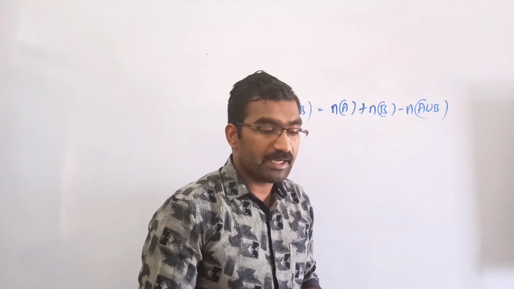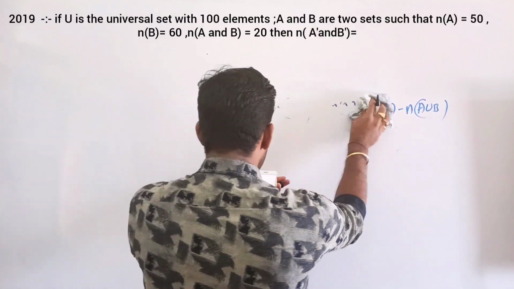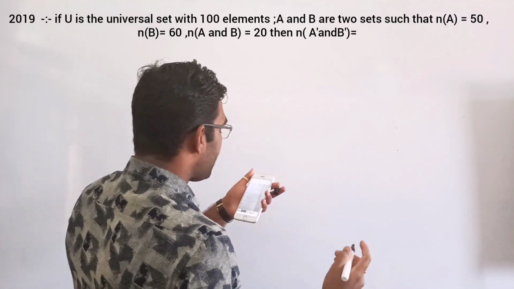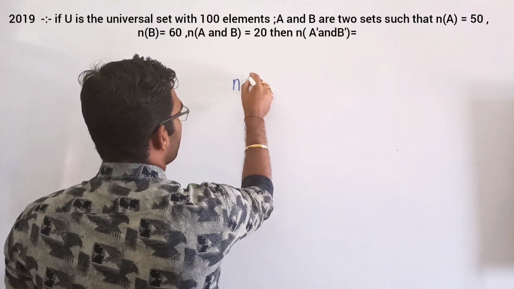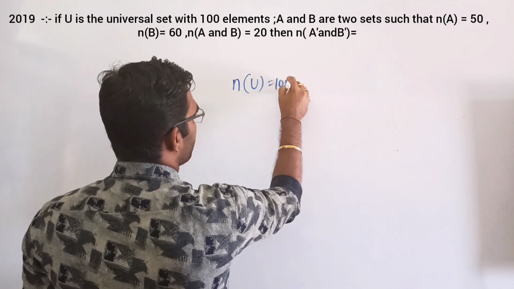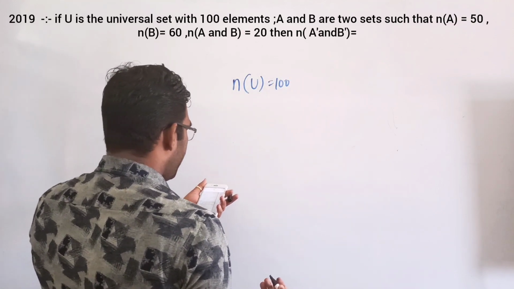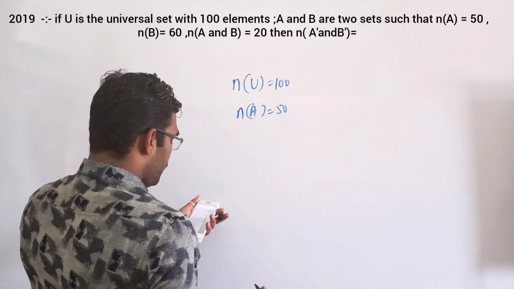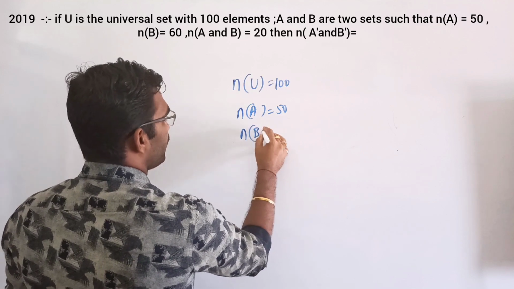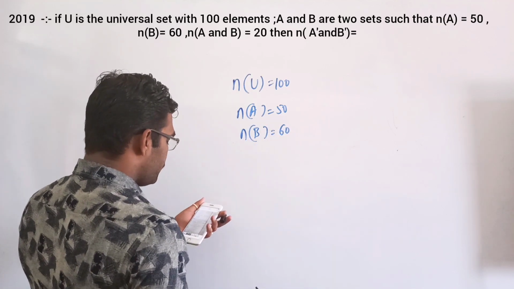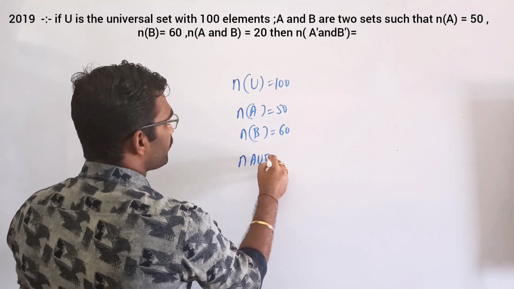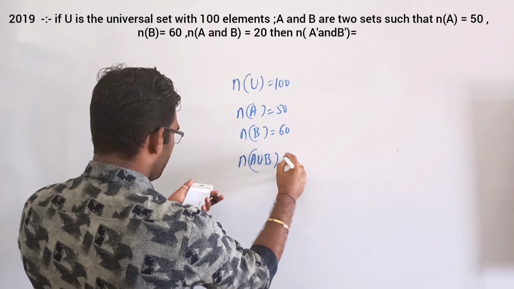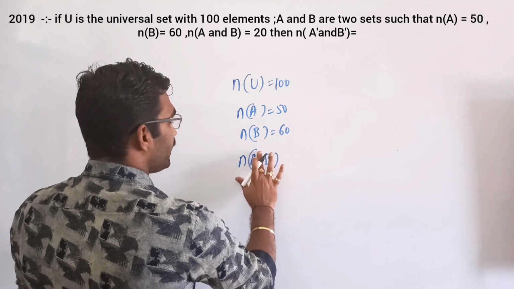In 2019 one question they asked: if U is the universal set having 100 elements, that is n of U is equal to 100, and the sets A and B are any two sets such that n of A is equal to 50 and n of B is equal to 60, then n of A union B is equal to, they have given n of A intersection B.